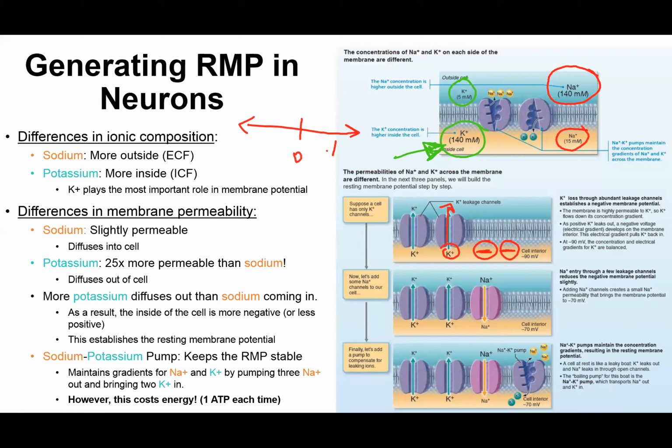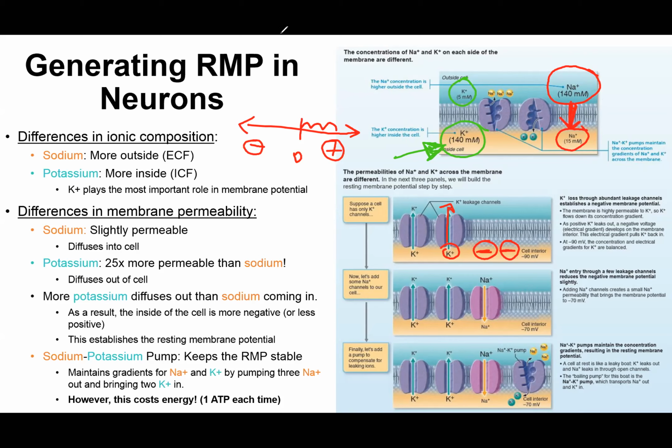Now let's add in some sodium channels. Sodium is only slightly permeable across the plasma membrane. And because we started out in a scenario where sodium is really high on the outside of the cell and really low inside, sodium diffuses down its concentration gradient and moves into the cell.